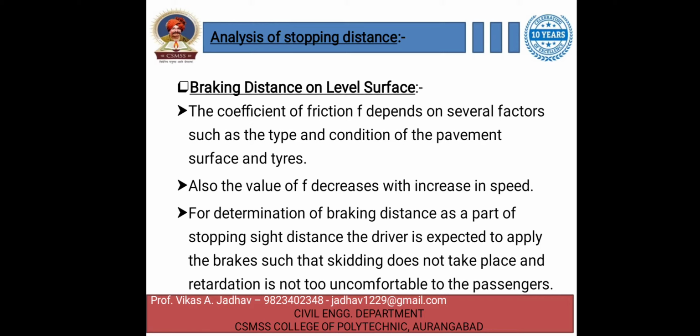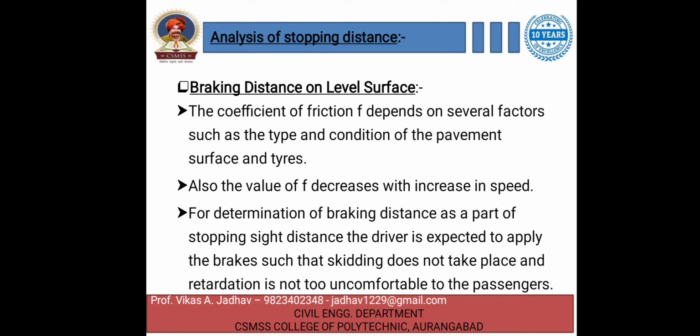For determination of braking distance as a part of stopping sight distance, the driver is expected to apply the brakes such that skidding does not take place and retardation is not too uncomfortable to the passenger.